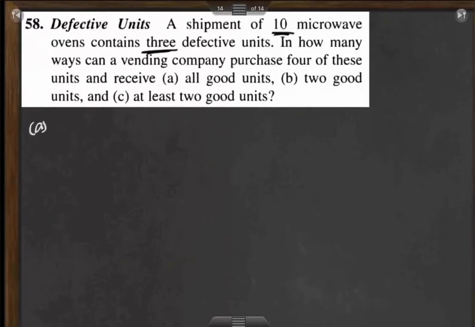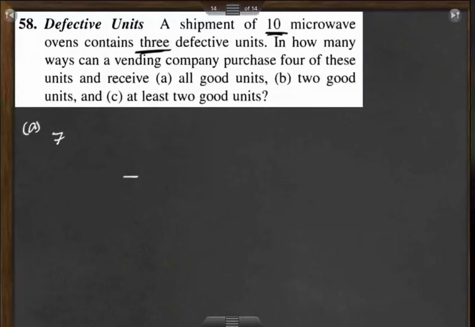So there's 3 that are defective, which means there's 7 that are not defective. What are the chances that we get 4 of these units? Out of the 7, how many different outcomes would have 4 not defective? So we're choosing 4.